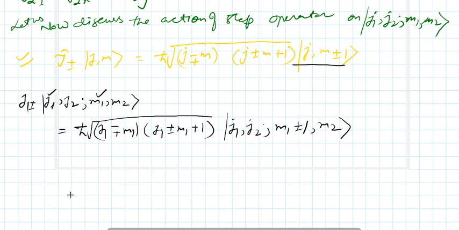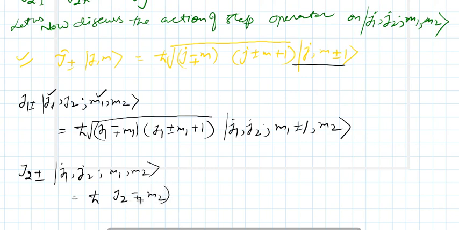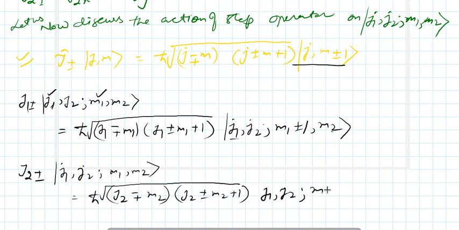Similarly, J2 plus minus |J1 J2 M1 M2> is equal to h cross square root of (J2 minus plus M2)(J2 plus minus M2 plus 1) |J1 J2 M1, M2 plus minus 1>. So this is a very important step which we have to keep in mind.